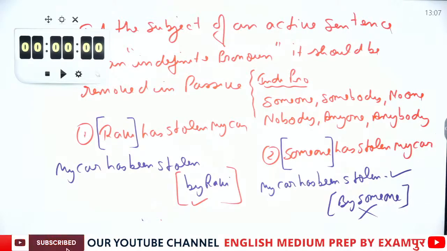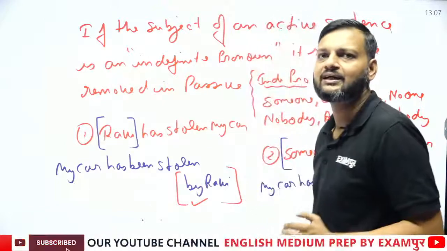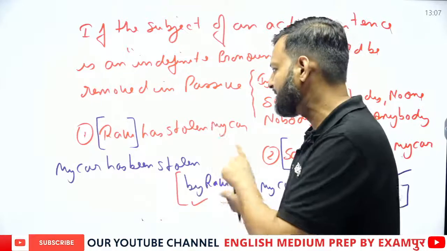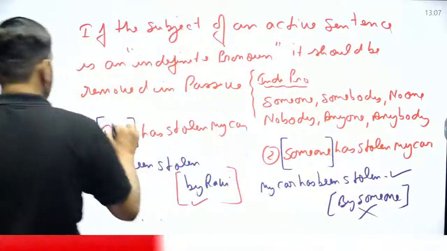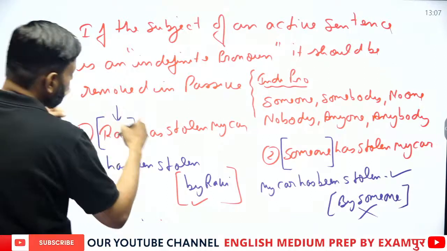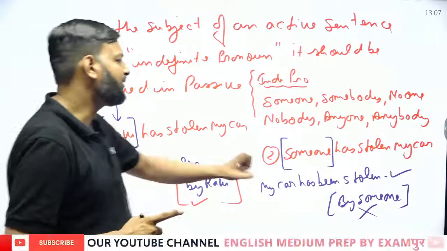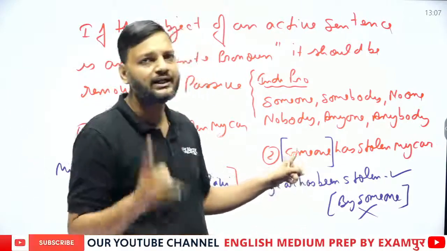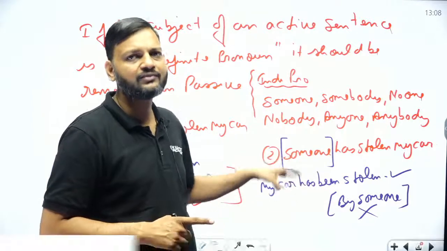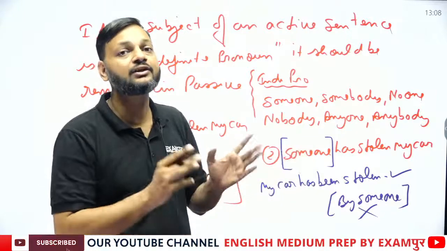So if the subject of an active sentence is an indefinite pronoun, it should be removed in passive. As you can see, in example 1 the subject was Ravi, so it has been used as an object in the passive sentence. But in the second sentence the subject was someone, an indefinite pronoun, so it has been removed in passive. The sentence is: the car has been stolen. If we write by someone, it is considered wrong.